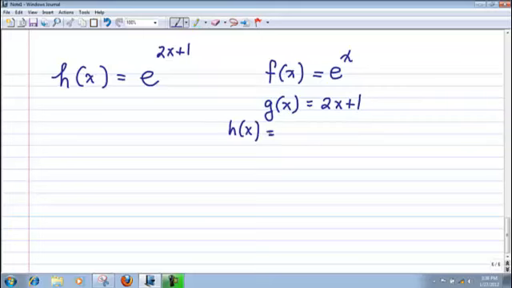So I see that h of x in this case is f evaluated at g of x. So remember, f is e to the power of x. However, I will plug g in for x, so this exponent becomes 2x + 1.